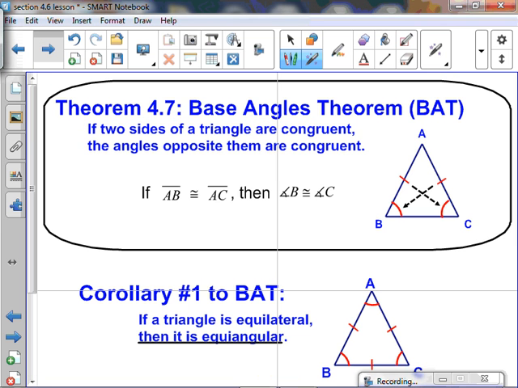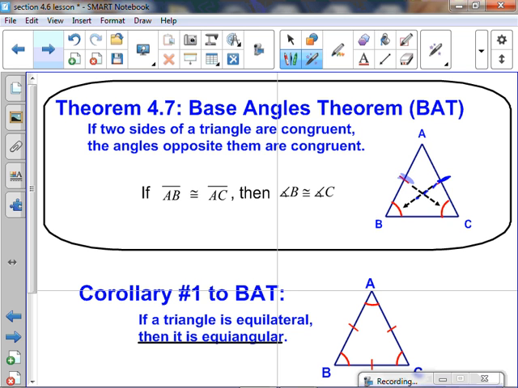I'm going to try to do this quickly today. Theorem 4.7 on your cheat sheet is called the base angles theorem. You will see it abbreviated BAT for short. That simply says that if 2 sides of a triangle are congruent, here's one side right here, here's another side right here, then the angles opposite them are also congruent.